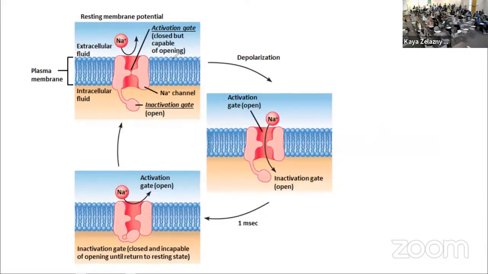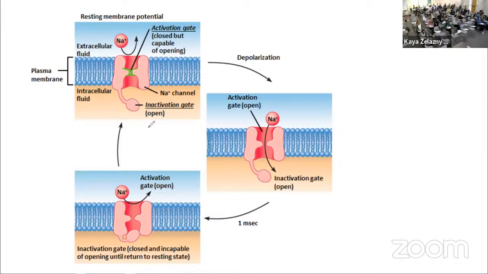At our resting membrane potential of negative 70, our activation gate, the first gate that sodium would have to go through, is closed. So sodium doesn't get in, because if it tries, it immediately bounces back off that activation gate. At this point, the inactivation gate is actually open, but it doesn't matter because that's the one on the inside of the cell, so the sodium can't even get there. It doesn't even know it's open.